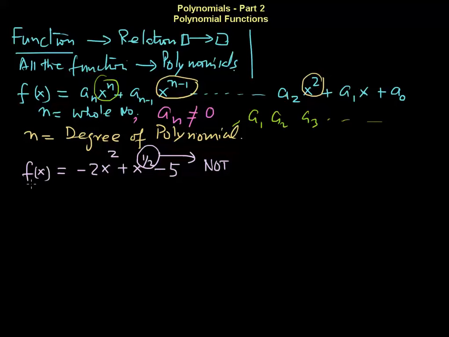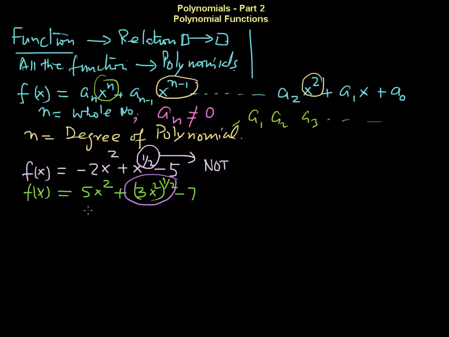Let's take another example. Let's say f(x) is equal to 5x squared plus (3x squared) to the power 1 by 2 minus 7. This is slightly different, because the first term is allowed: we have 5 as a coefficient, a constant, 2 is a whole number, and this is an exponent, which is allowed. But then we have the square root here. Let's try to solve this part.